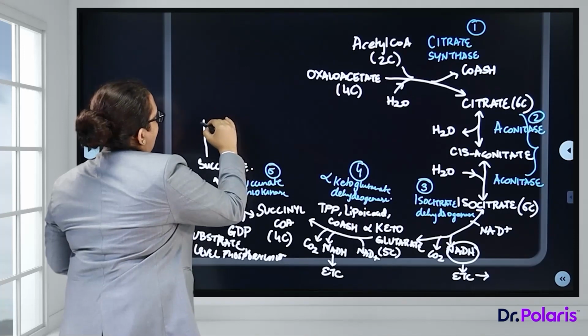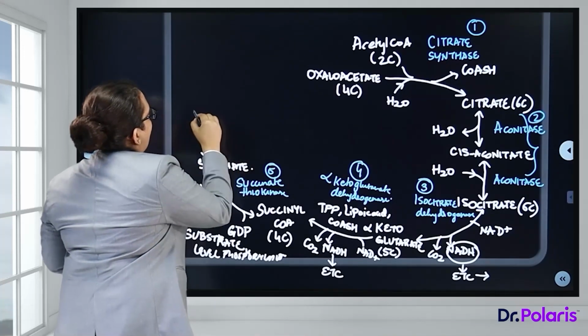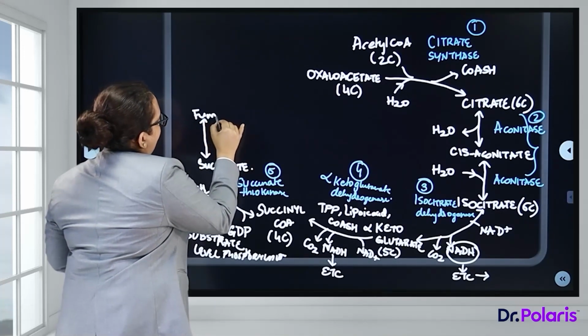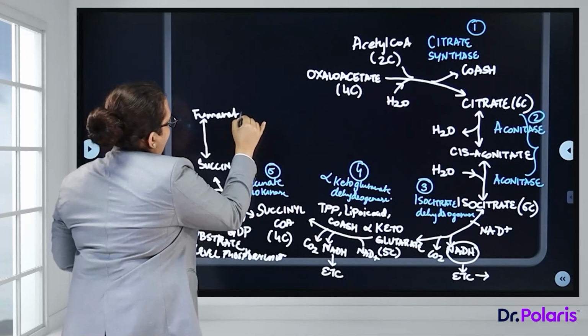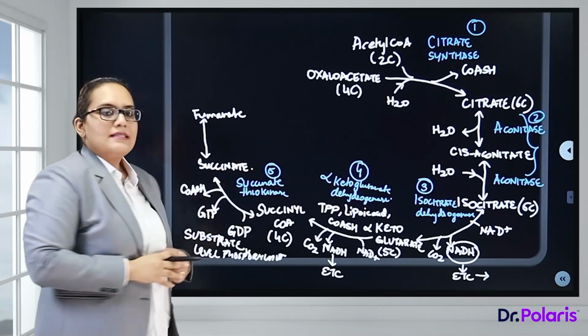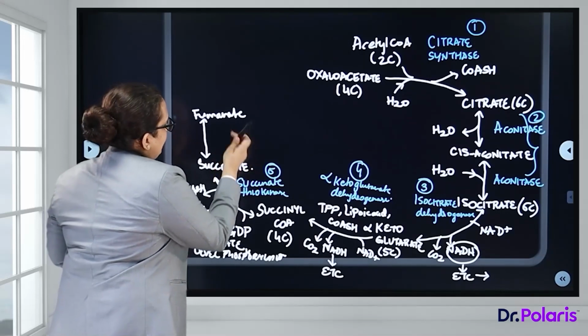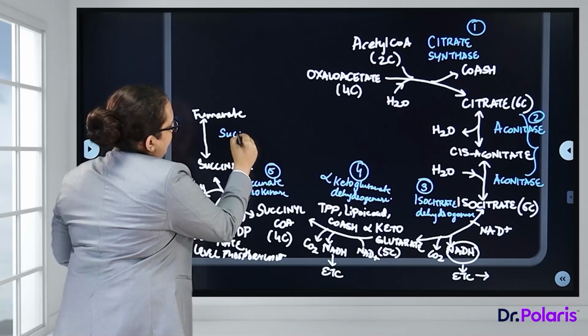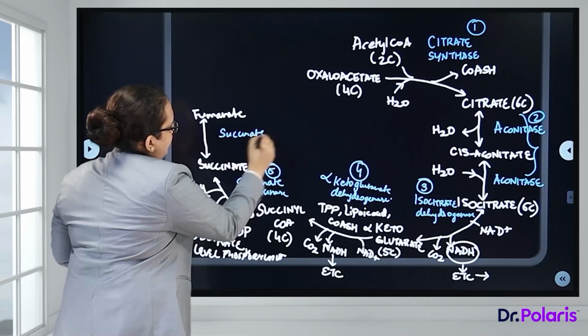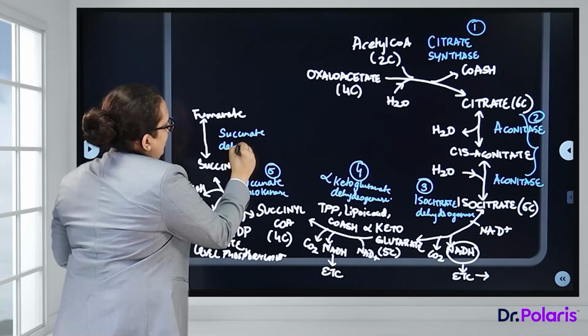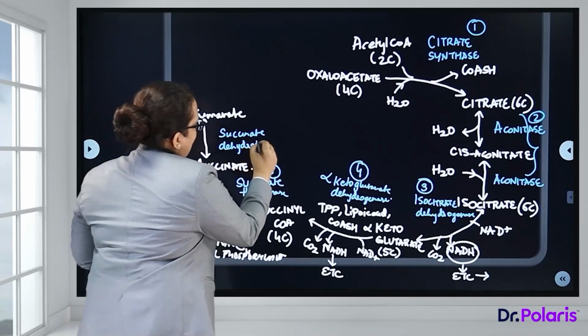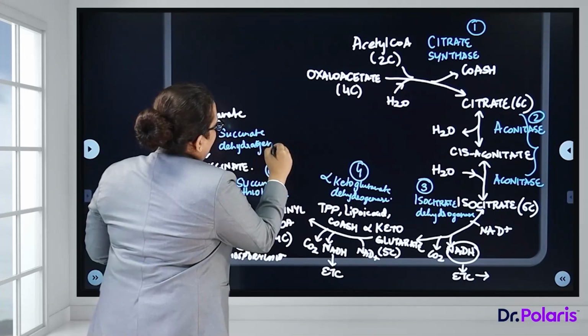Succinate gets converted to fumarate. This is catalyzed by the enzyme succinate dehydrogenase. It's an oxidative reaction where hydrogen is removed, dehydrogenase.